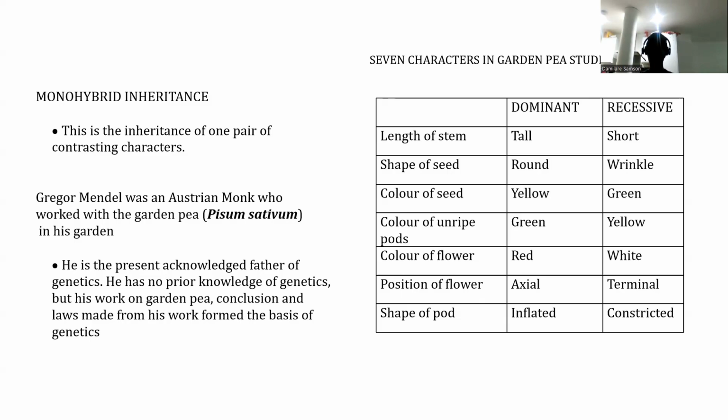All these are characters or characteristics found in an organism. So if you want to talk about monohybrid inheritance, out of all these characteristics, we just pick one and talk about only that one in 2 different species, which are called hybrid.